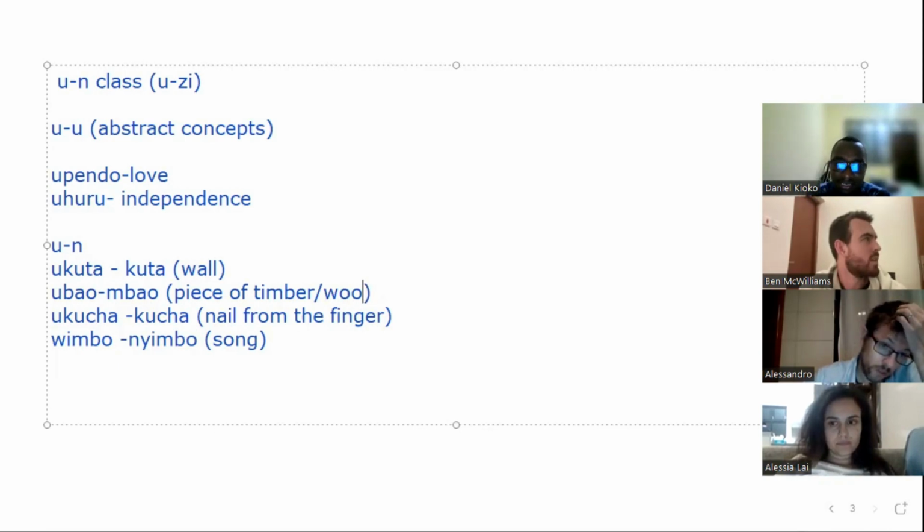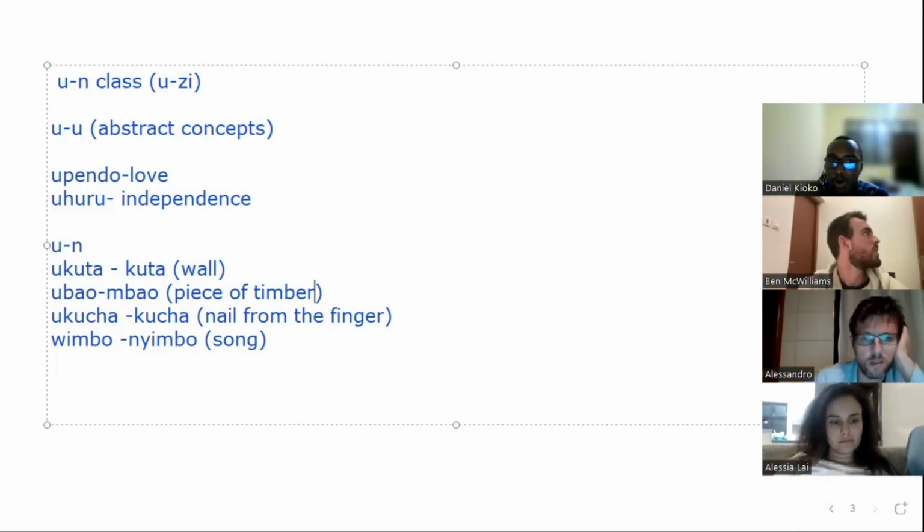But wood in Kiswahili, no. The wood is the one which you put in fire, right? Yes. So in Kiswahili, when we are talking about the one which you put in fire, we'll say things like gogo, a big piece of wood, or kuni. That's what we'll say in Kiswahili.